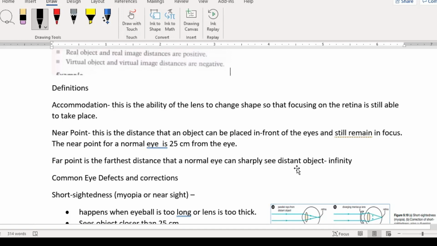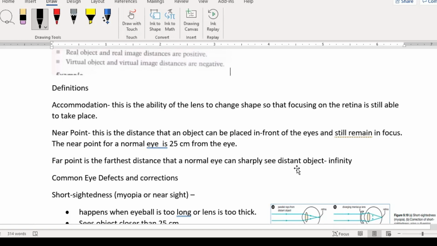Now, there are some eye conditions that force your near point to be larger or less than 25 centimeters. So a person's near point can be shifted, and this is where different lenses come into play to help correct that.